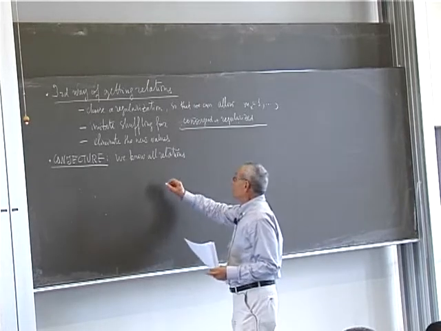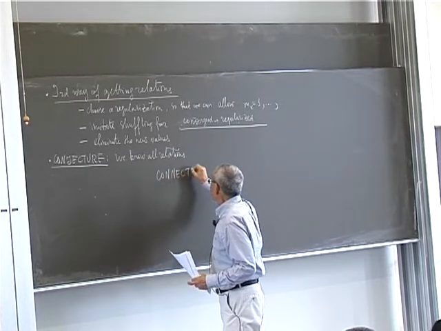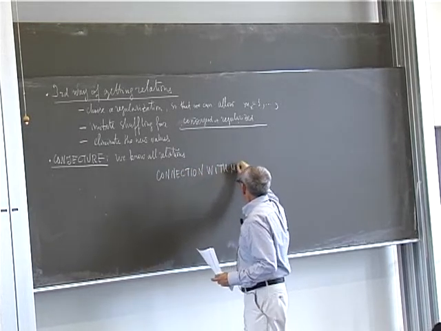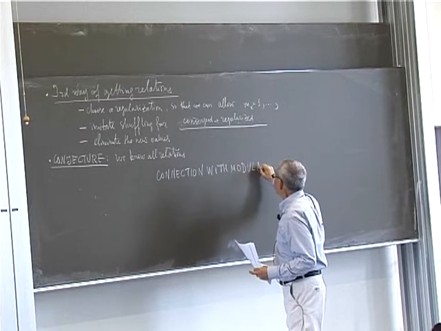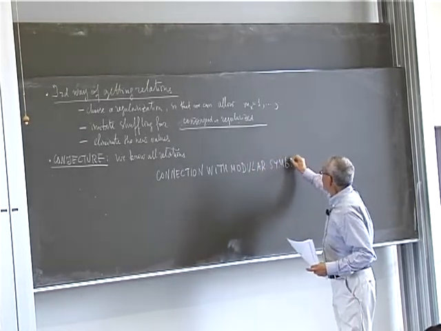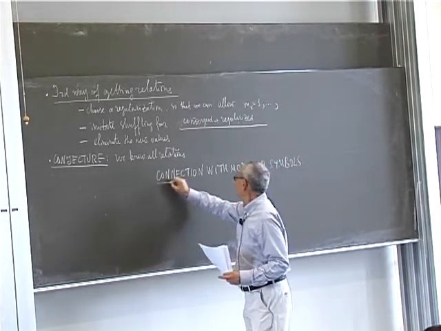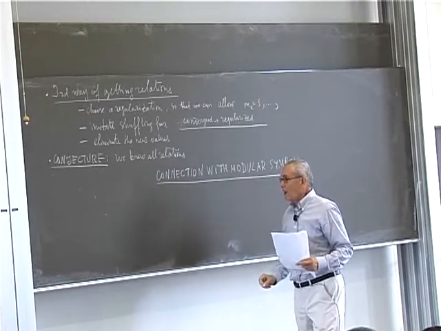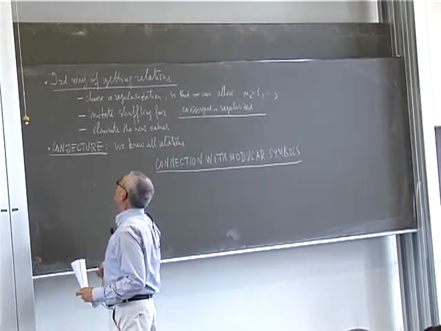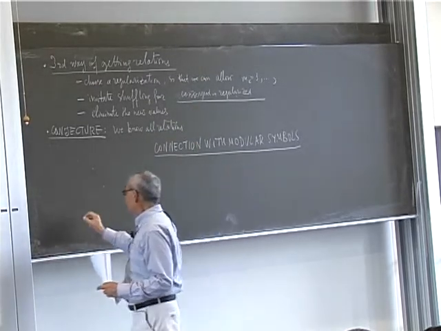Okay, now I want to relate this story with modular symbols. And then I'll start describing the common generalization of multiple zetas and modular symbols. Okay, what kind of geometry is behind iterated integrals of that type?